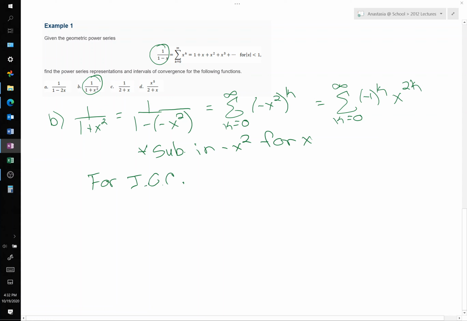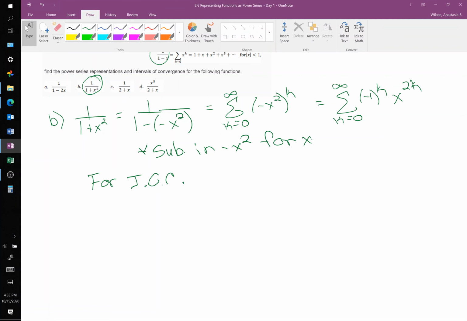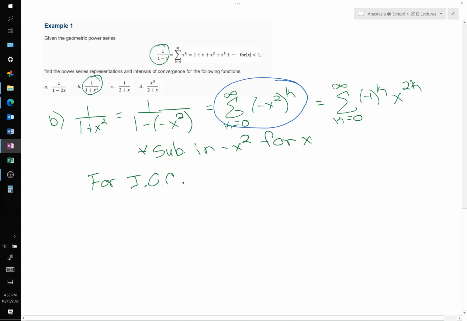Since we started with a geometric series, you should check to see if you still have a geometric series. So if we go to what we have here, it is a little bit easier to see that we do have a geometric series.